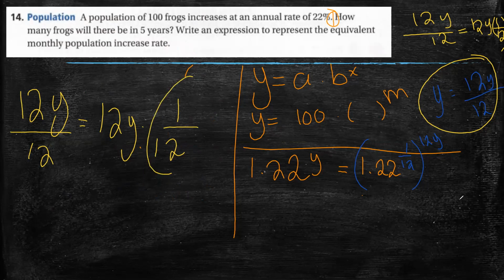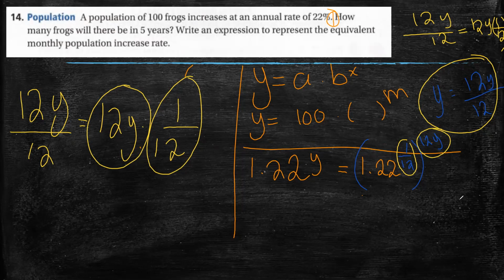So I put the 1 over 12 inside, and the 12y outside. Then I name 12y with m, which is month, and I will find 1.22 raised to the power 1 over 12.